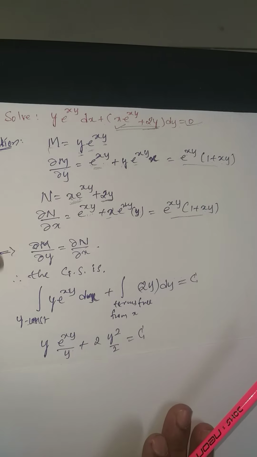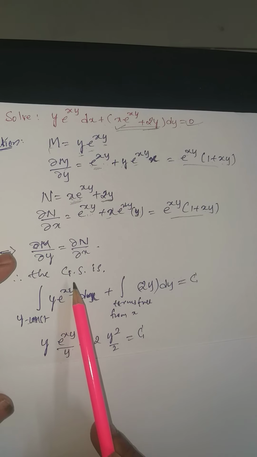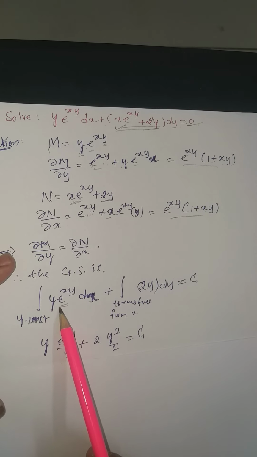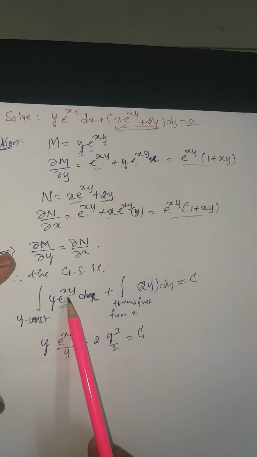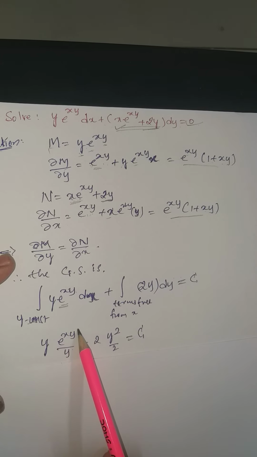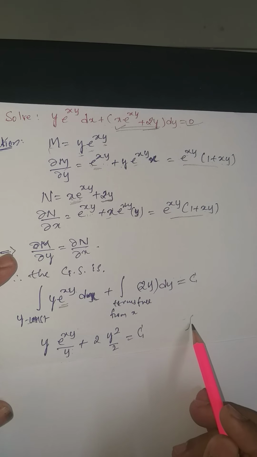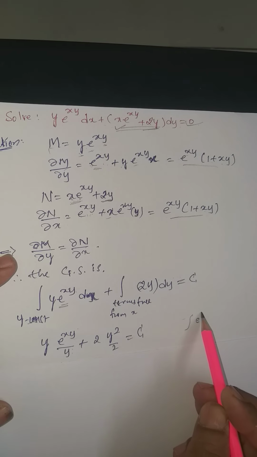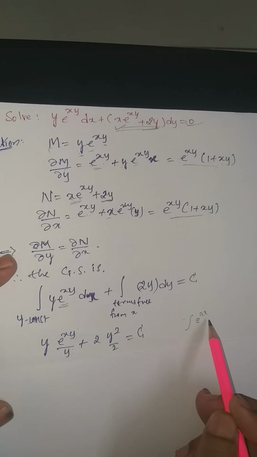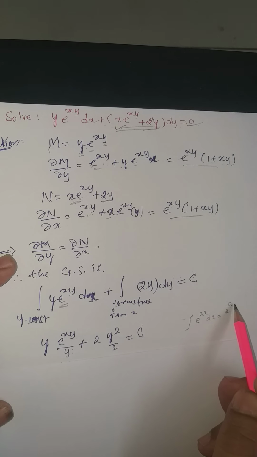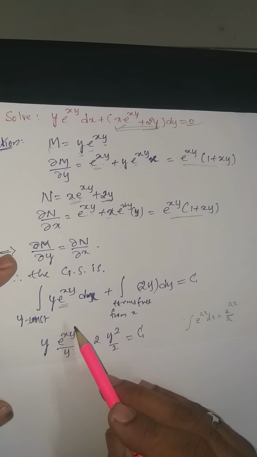Now on integrating, whenever you integrate this term with respect to x, y is held constant, so you take it outside and integrate only e^(xy) with respect to x. The integration of e^(xy) becomes e^(xy) divided by y, because y is treated as a constant. This follows from the result that the integration of e^(ax) with respect to x is e^(ax)/a.